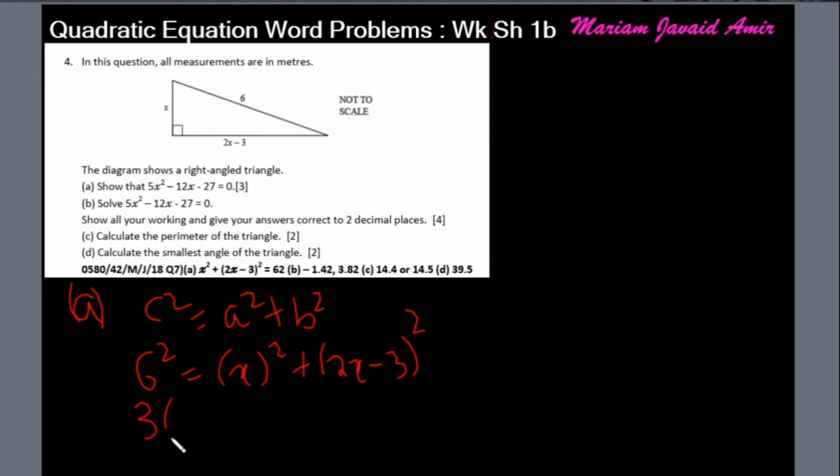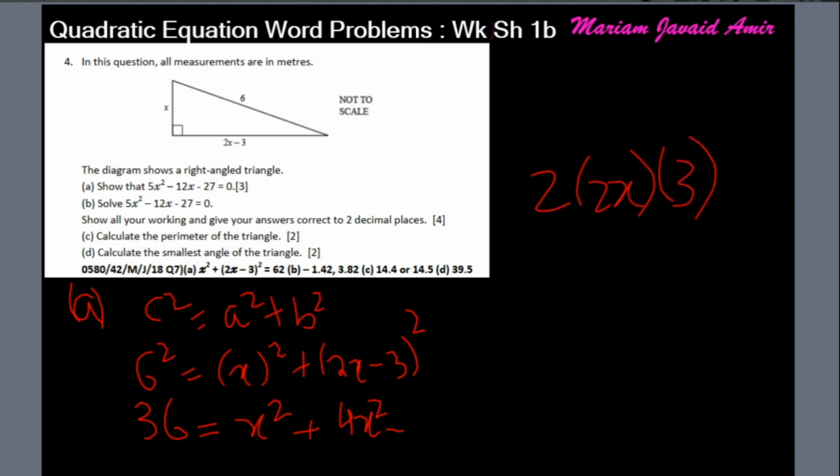Open this, we get 36 is equal to x square. This will be opened using the formula (a plus b) whole square, which is a square plus 2ab plus b square, and (a minus b) whole square, which is a square minus 2ab plus b square. So plus 4x square minus 2ab, which becomes 12x, so I'll write minus 12x plus 9.